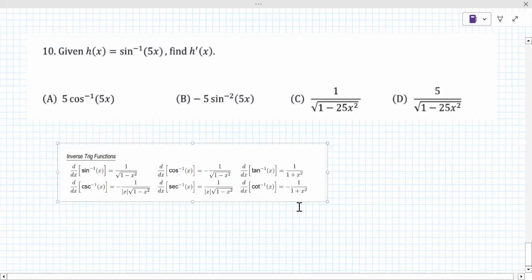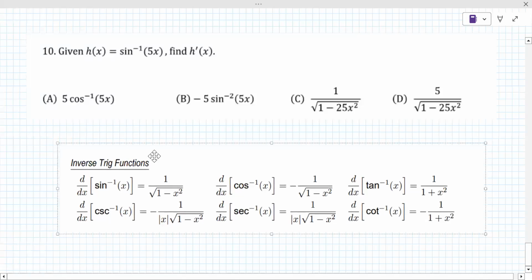If you at least know the form of this one, you will get down to either C or D, because you can see that sine has a square root in the bottom. Same with cosine. There are some ways to remember this: cosine is the negative of sine, cotangent is the negative of tangent.